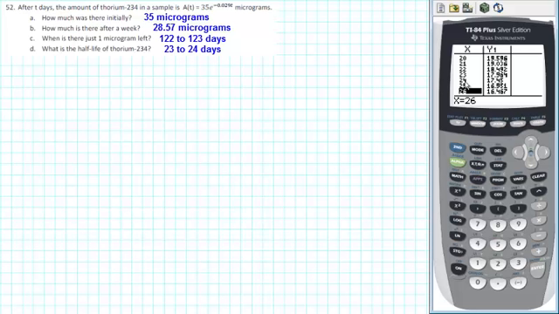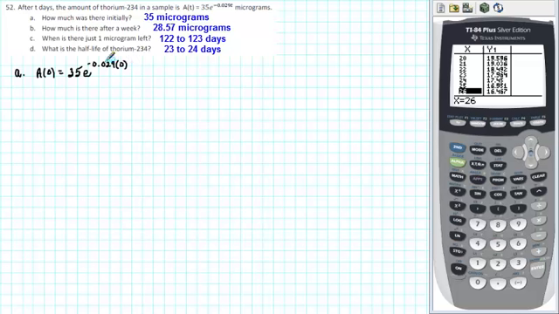Well, let's see if we can verify these answers symbolically. For part A, how much was there initially? Well, initially time is equal to 0, so we need to find A(0). To find A(0), we substitute 0 for t. We get 35 times e to the negative 0.029 times 0.